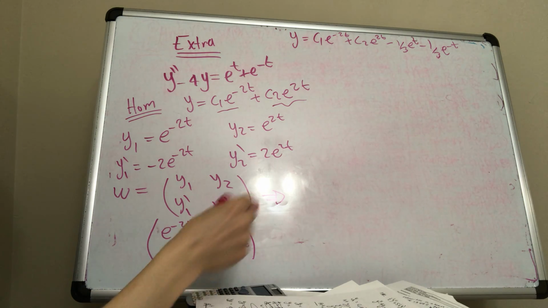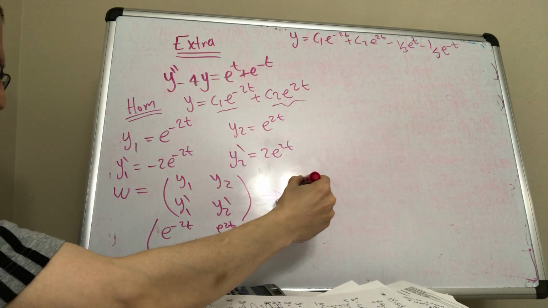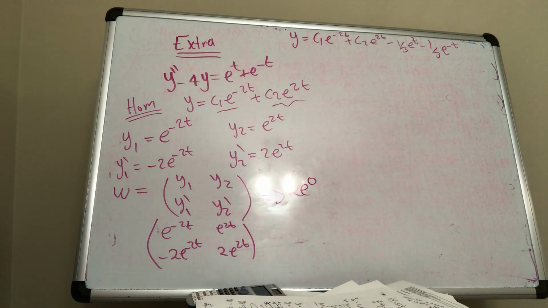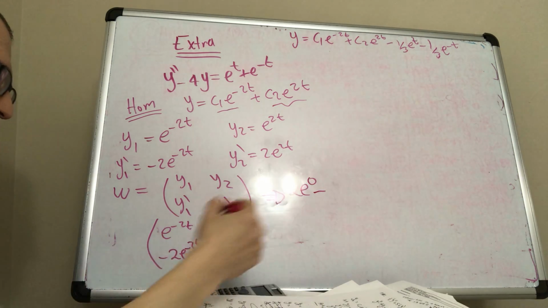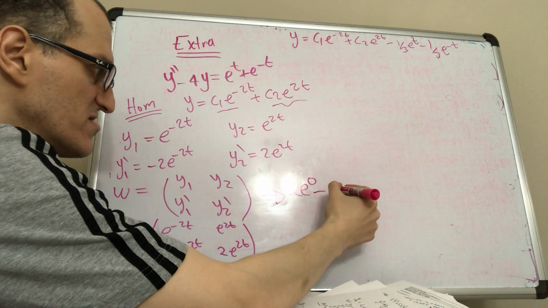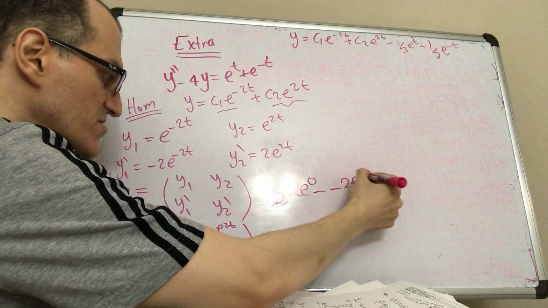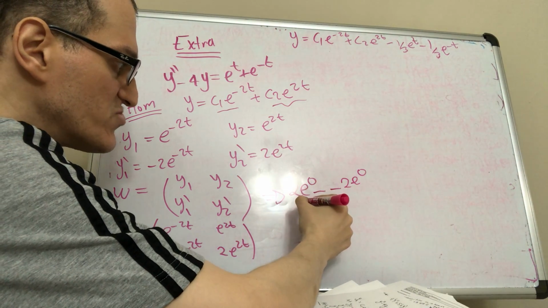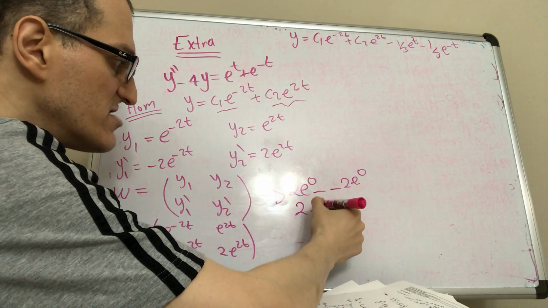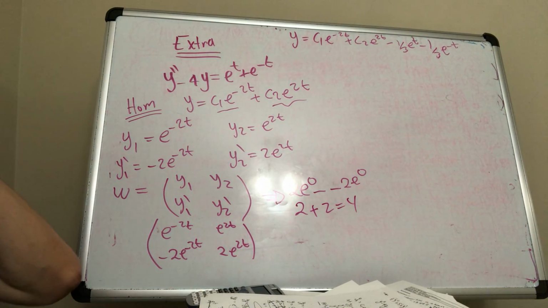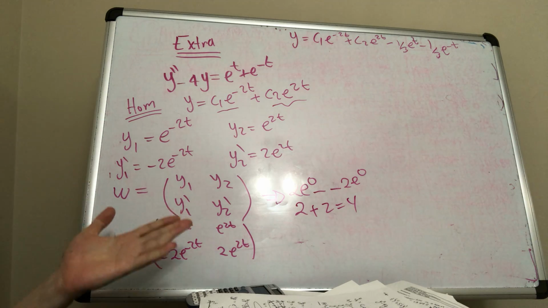This times this will give you 2e to the 0, because you're going to add the exponents, minus, you do this times this, and this times this will give you minus 2e to the 0, because you add the exponents again. e to the 0 is 1, minus minus is plus, e to the 0 is 1, so the answer is 4. So your W is 4.